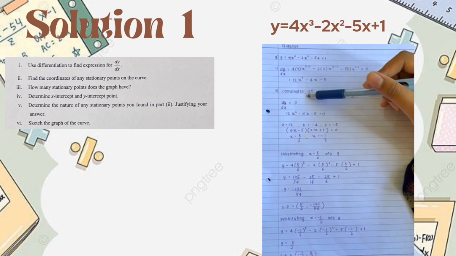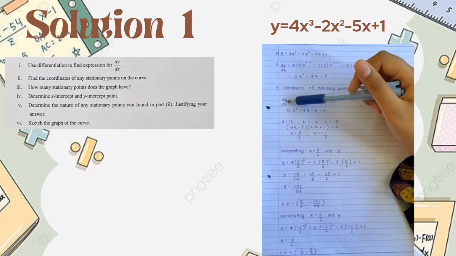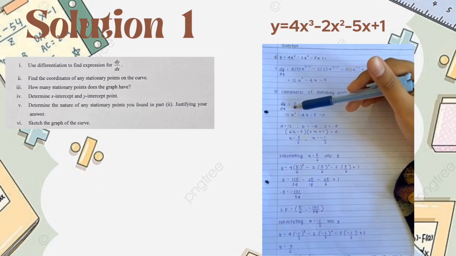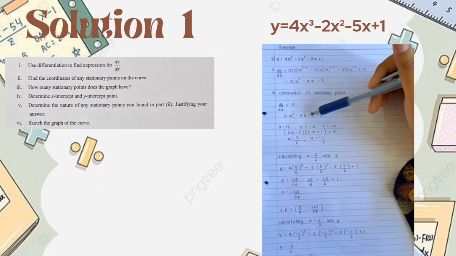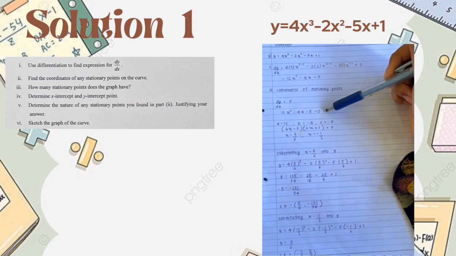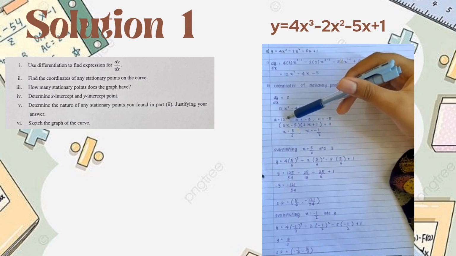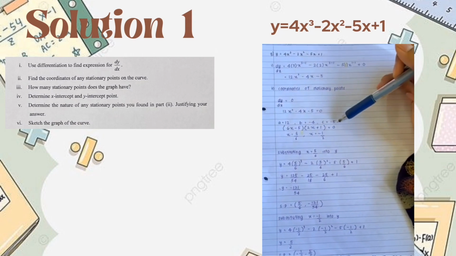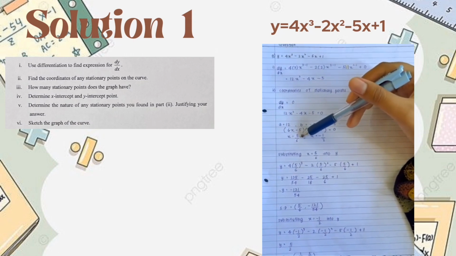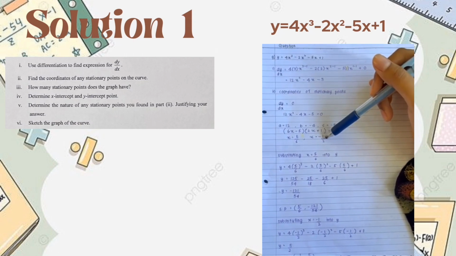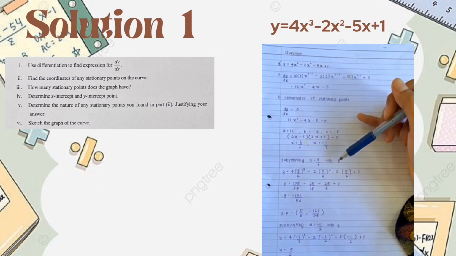Then we have to find the coordinates of the stationary point. For a stationary point, the formula is dy/dx equals 0. So we get dy/dx is 12x squared minus 4x minus 5 equals 0. We use the quadratic equation, where a is 12, b is negative 4, c is negative 5. When we factorize, we get x1 equals 5 over 6 and x2 equals negative 1/2. We substitute x equals 5 over 6 into y.